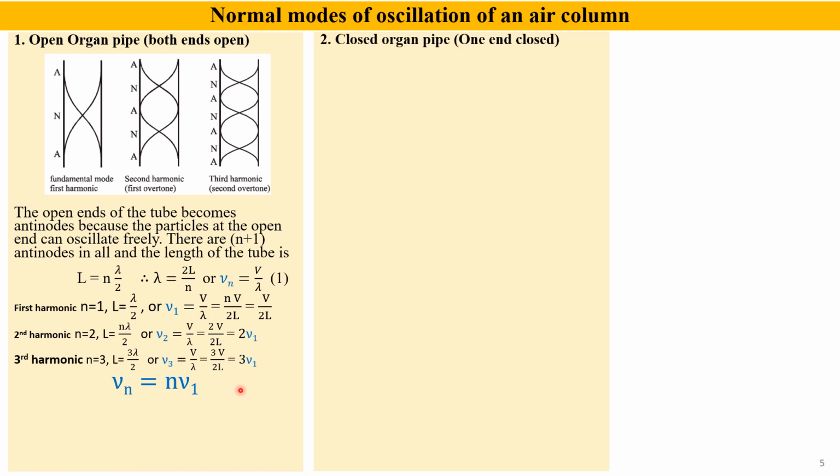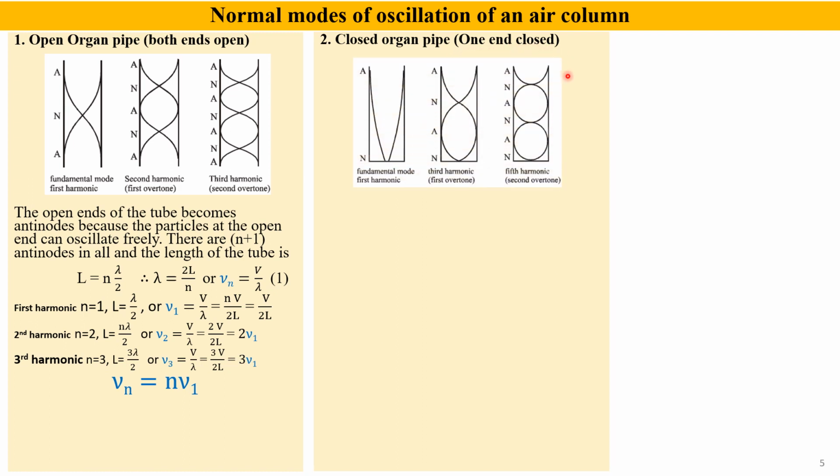Next we will take an example of a closed organ pipe, that is, one end is closed and the second end remains open. We see the figure here. In this figure, the extreme left shows the fundamental mode or the first harmonic mode. The end is closed at the bottom.